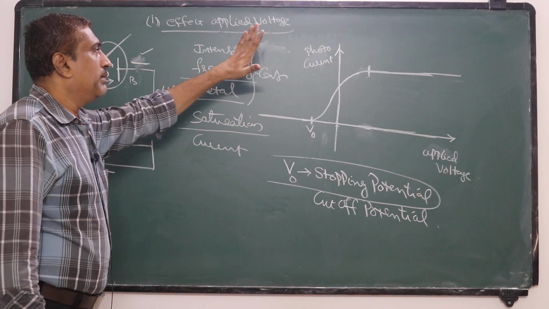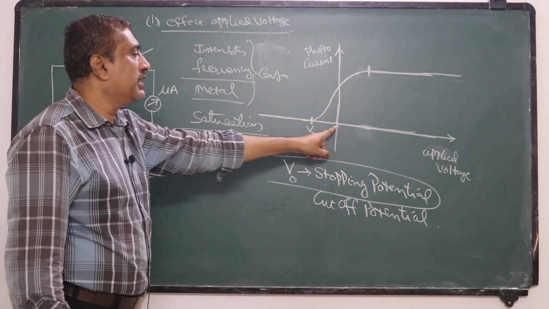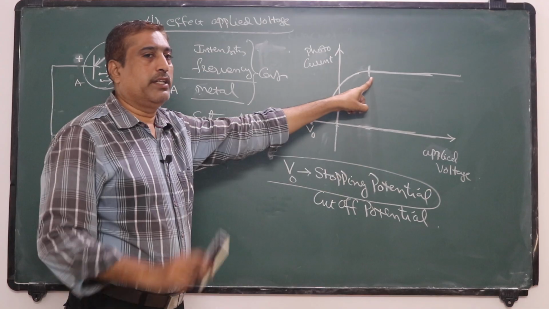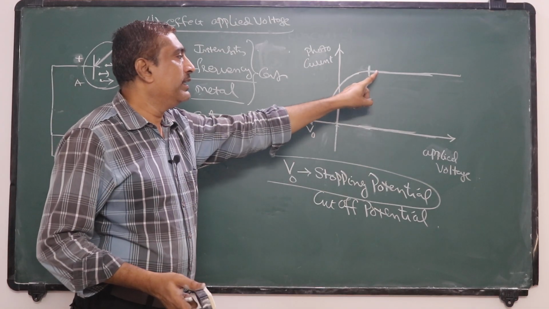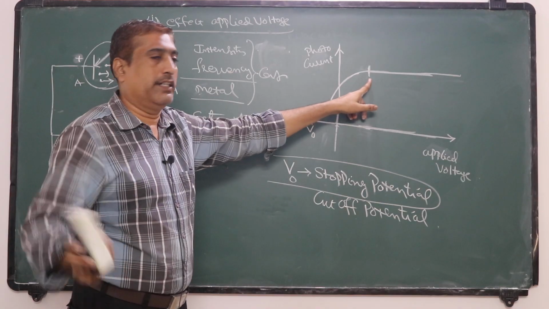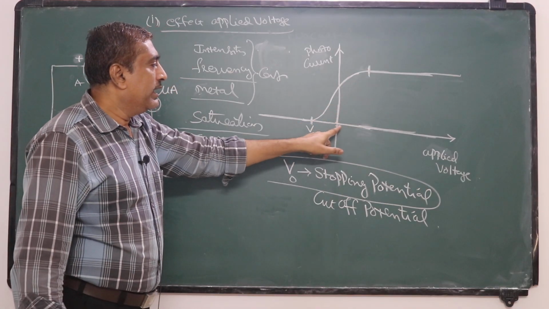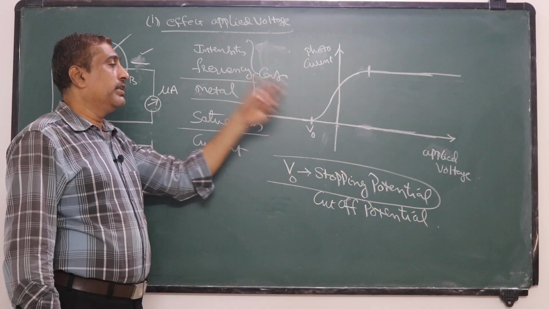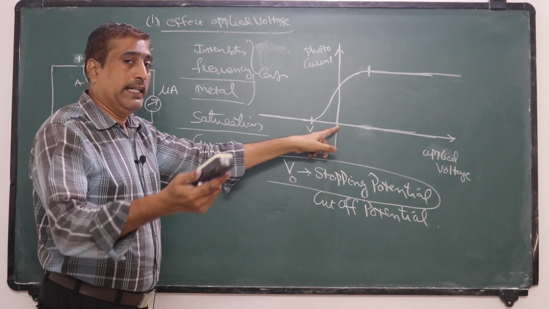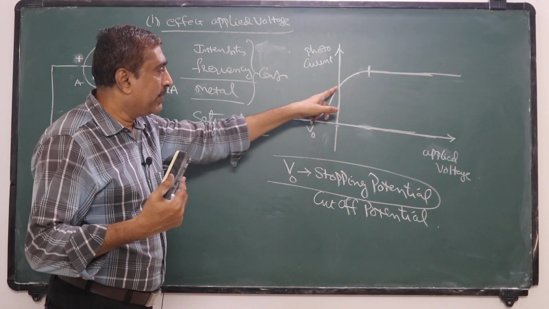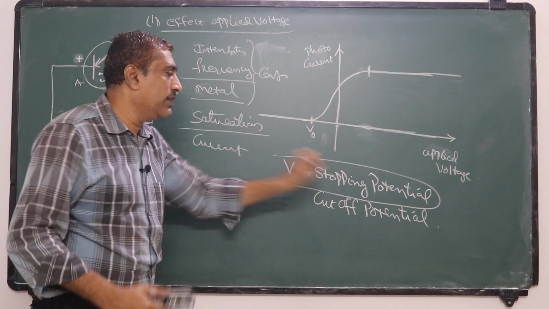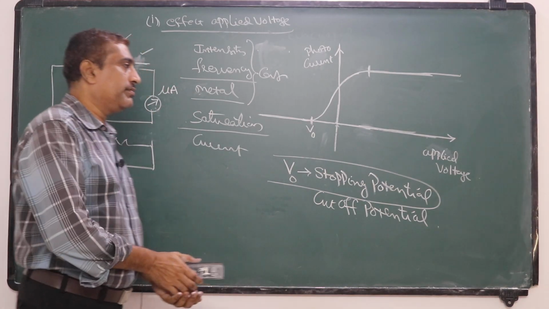When positive potential is applied, current increases, and at a particular value it reaches saturation. From that point onwards, increase in voltage does not increase the current. When B is made negative, increasing the negative potential to a particular value makes the photocurrent zero, and that potential is called stopping potential.